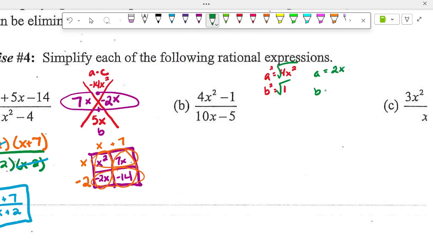X. What's the square root of 1? 1. And then all you do is write out two factors using A and B, where one is going to be separated by a plus, the other is going to be separated by a minus. That easy. You just got to be able to recognize that it is a difference of perfect squares.